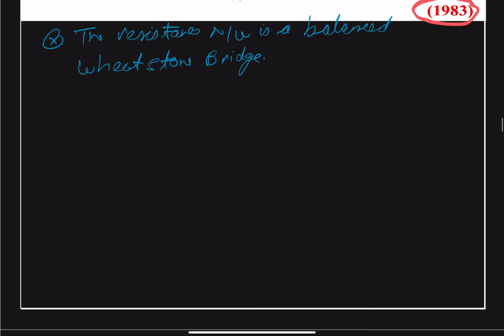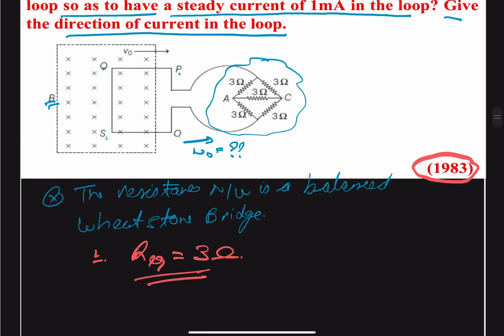Therefore, the equivalent resistance of the bridge network will be 3 ohm, because the middle one is of no use. So this 3 and 3 will be in series, and that 3 and 3 will be in series, ultimately leading to a 3 ohm resistance for this network.